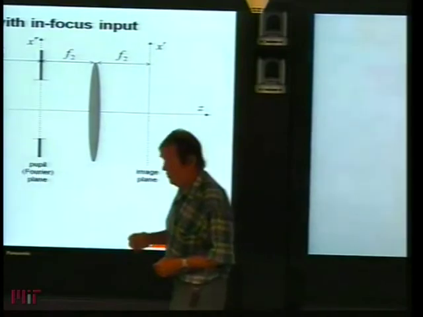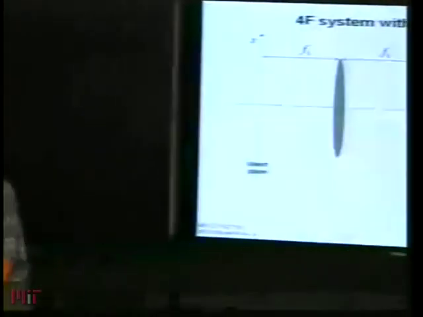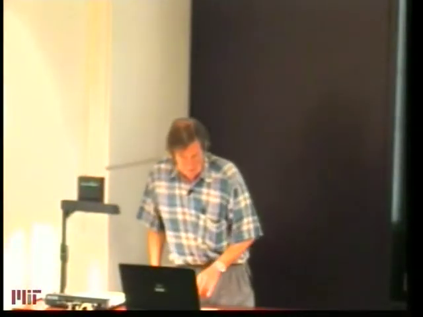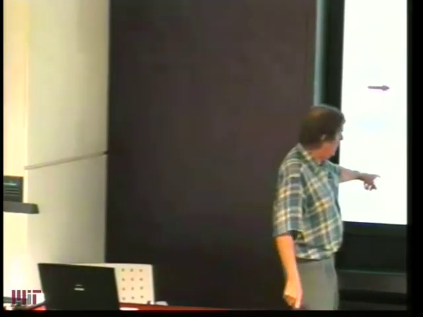This is the case where, as I was just describing, you'd expect the defocused point spread function to be symmetric. So we place our mask there, and we've got our pupil. This is our object function.